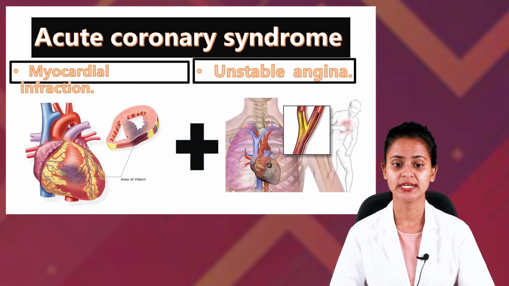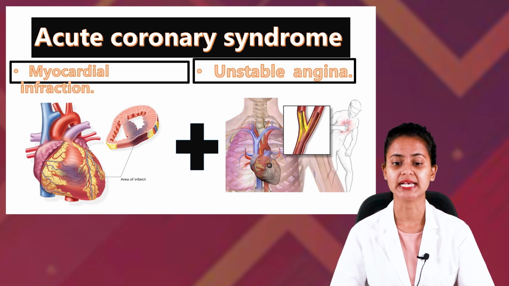Acute coronary syndrome is suggested when the ischemia of the myocardial layer of the heart is prolonged and not immediately reversible. The symptoms occurring in the patient include unstable angina, myocardial infarction and related symptoms.